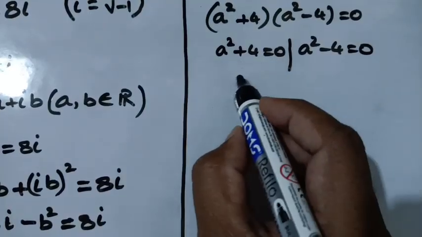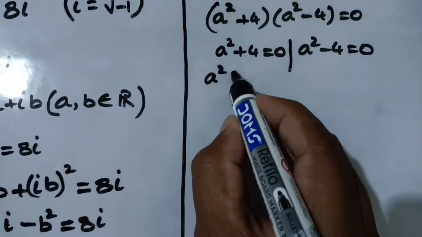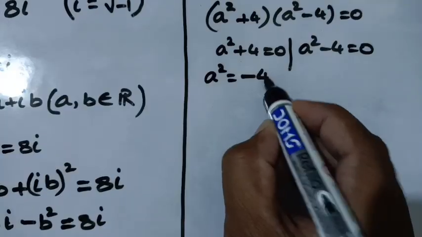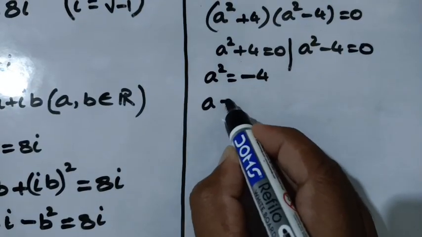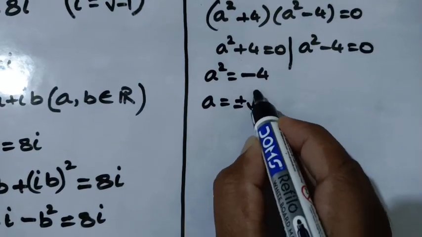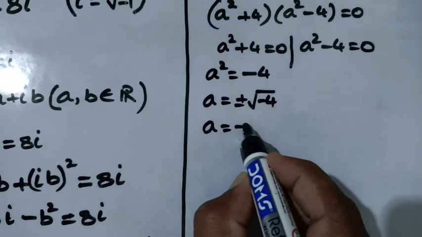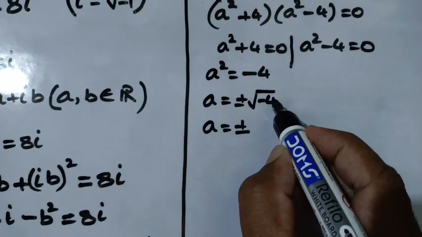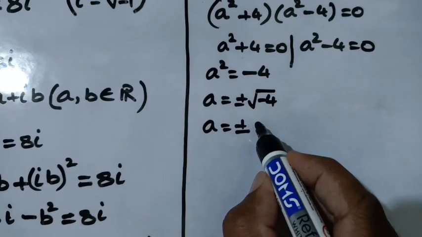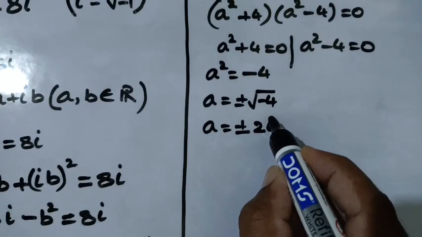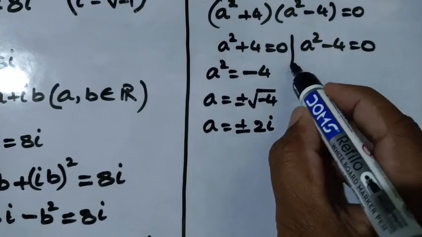If a square plus 4 is equal to 0, we get a square is equal to minus 4, and a is equal to plus or minus root of minus 4, which is plus or minus 2 and root minus 1 is i. So we get plus or minus 2i.